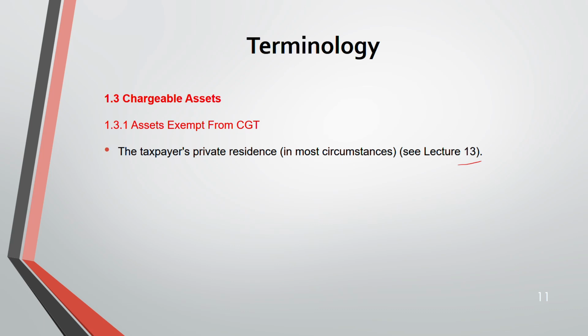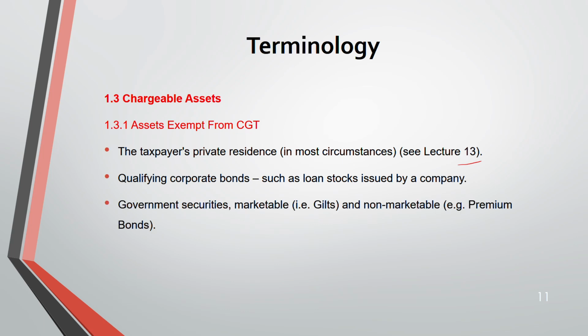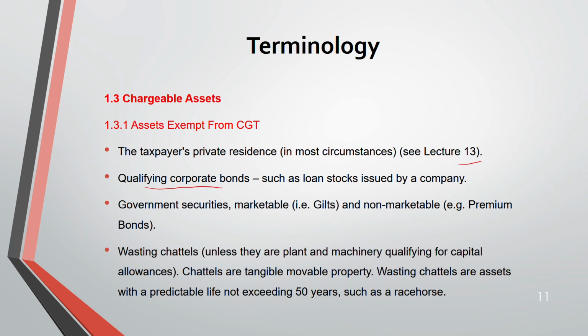Then, any qualifying corporate bonds, such as loan stocks issued by a company, are exempt from CGT. By the way, this also we will be covering in the later lectures. Then government securities, marketable gilts, non-marketable, premium bonds, exempt from CGT. Then vesting chattels.